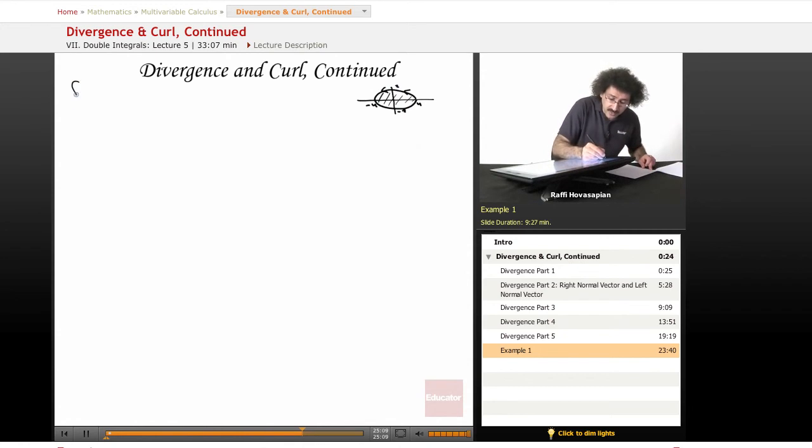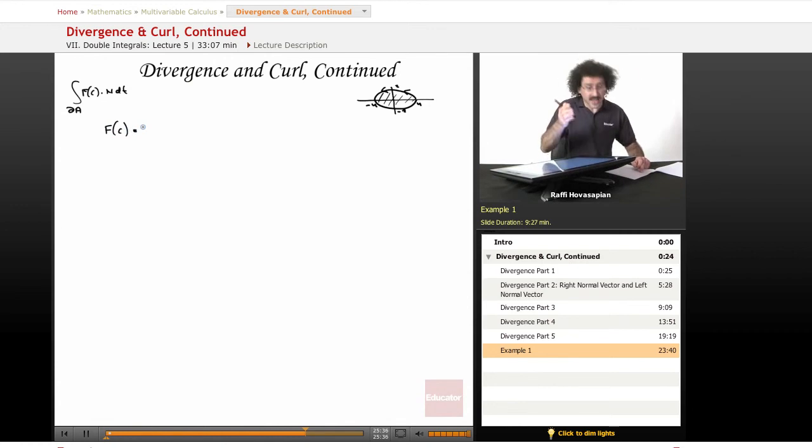Okay, so we want to calculate the integral over the boundary of f of c dotted with n dt. Well, f of c, I'm just going to put c into f.